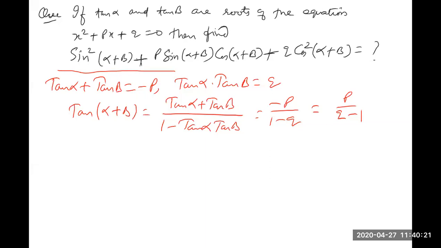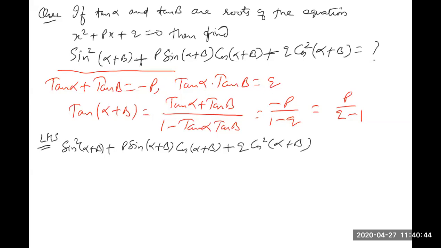So now coming to the other part. The question's left hand side is sine square of alpha plus beta plus p sine alpha plus beta cos alpha plus beta plus q cos square alpha plus beta. I will convert everything in tan form so that I can put this value. For that I will divide by cos square and multiply by cos square alpha plus beta.